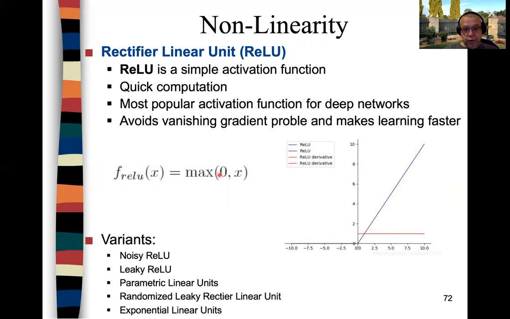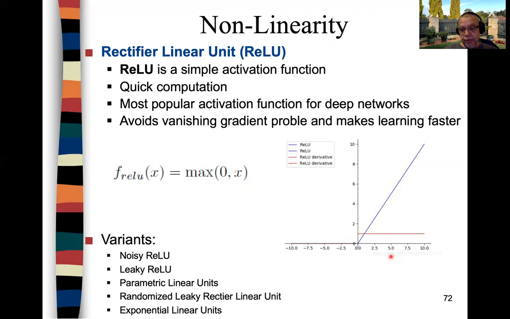So it's given by the max of 0 or x. So if your x is negative, the maximum is going to be 0. So the ReLU function is going to be 0. And then if your x is positive, the maximum of 0 and that positive number is going to be that positive number.